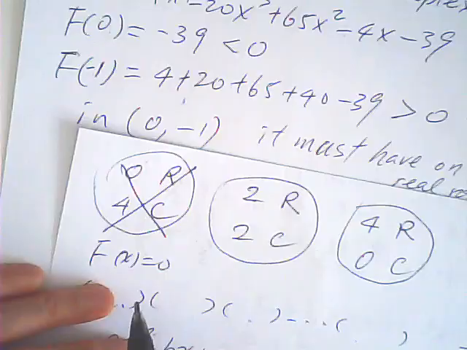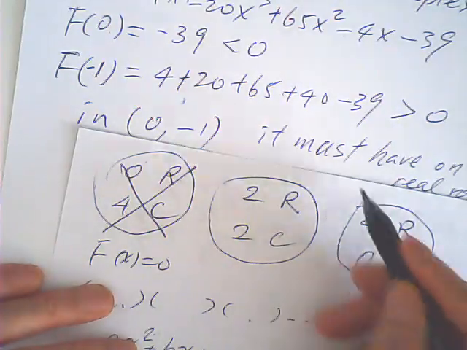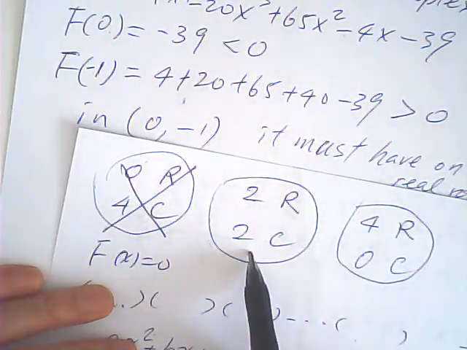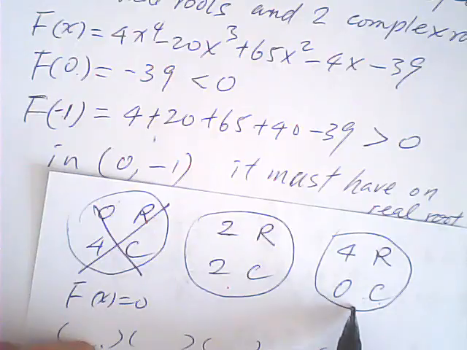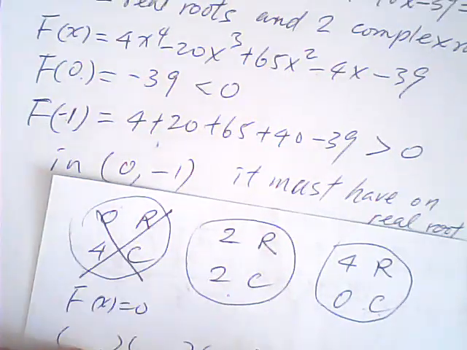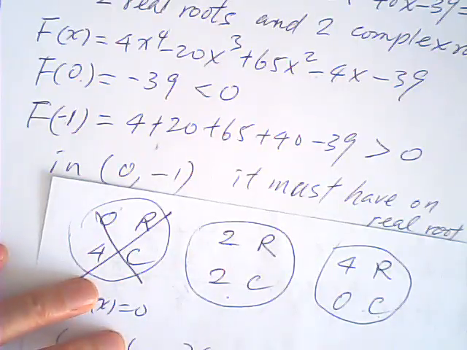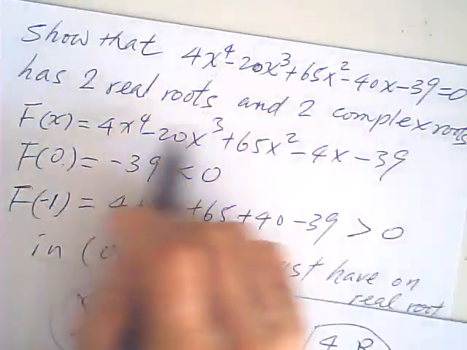We have a real root. So only two possible cases now, this case or that case. So we must show that it also has a complex root. Then we answer the question.